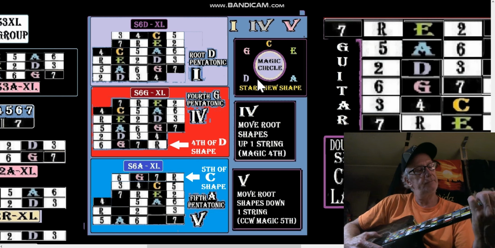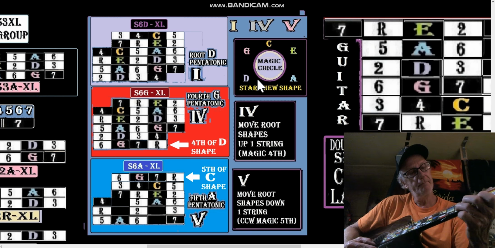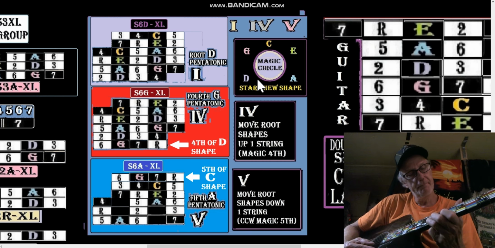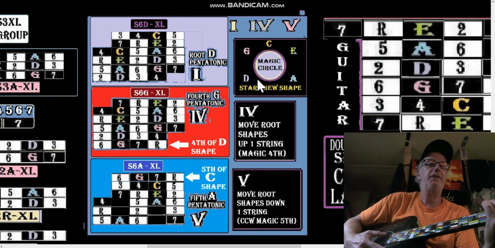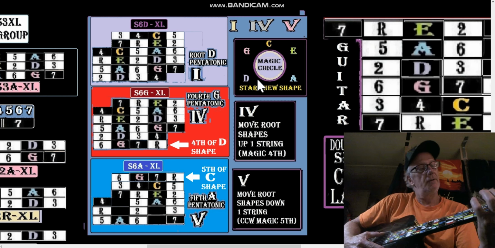So this becomes, and what goes underneath that D string is the fourth of D, which is the G string. Okay, like that. 6, 7.